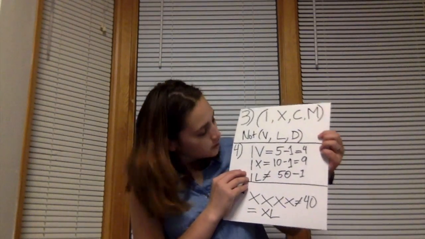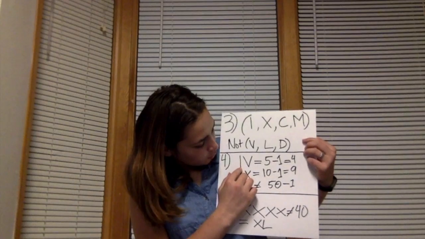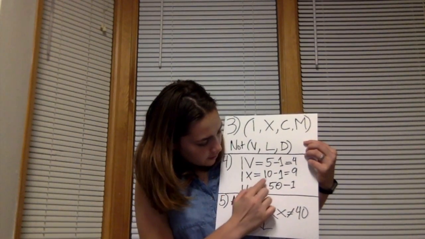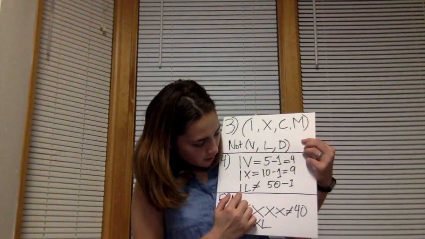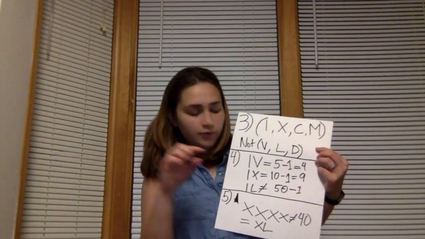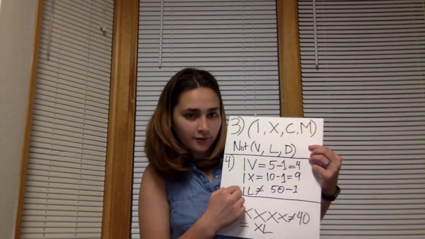Rule 4 is that subtraction can only happen from the next 2 higher Roman numerals. So, I and V works. I and X works. But I and L doesn't work because it's too far away, it's too high for it.